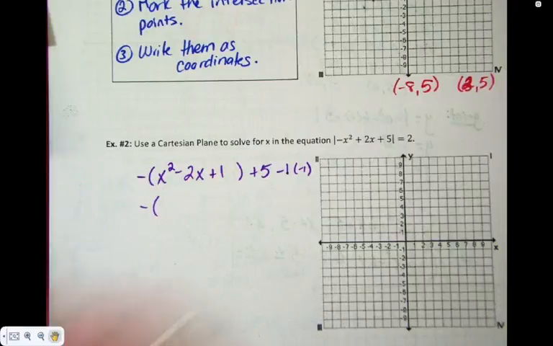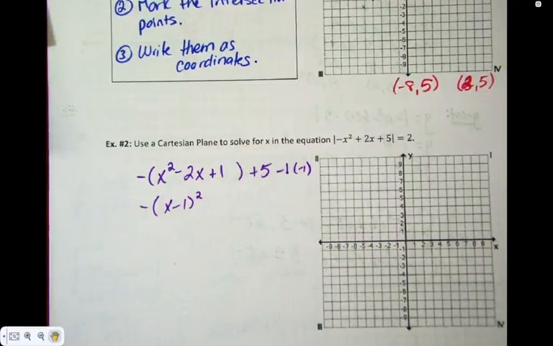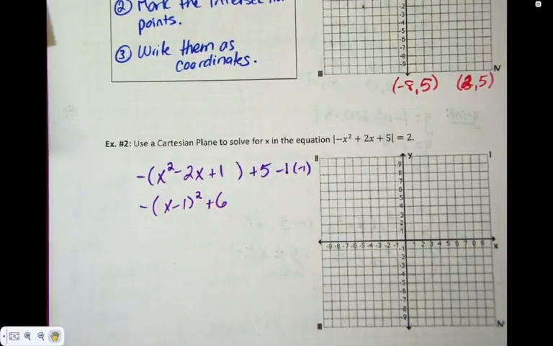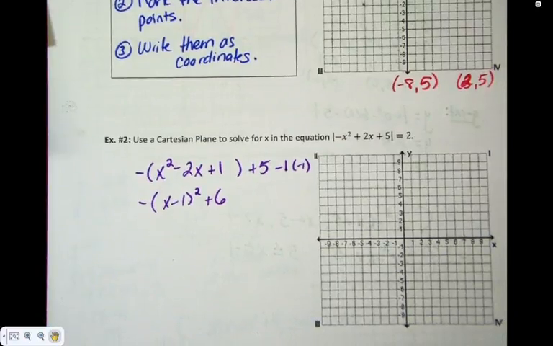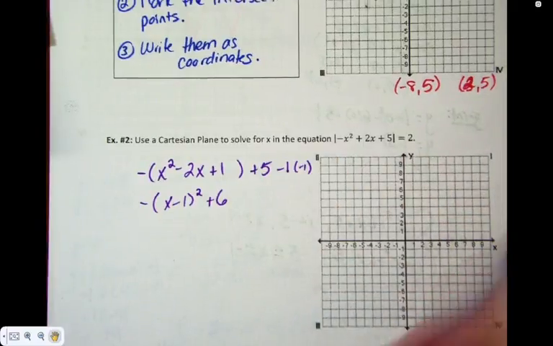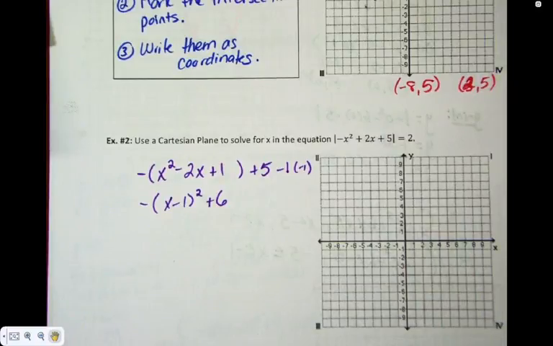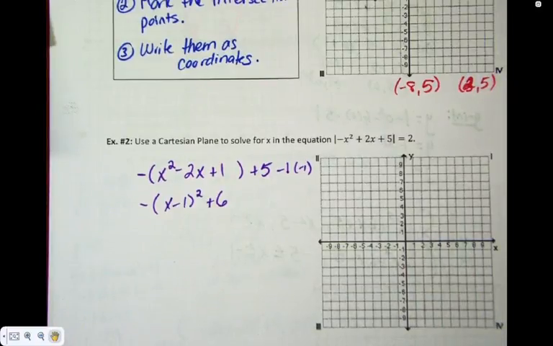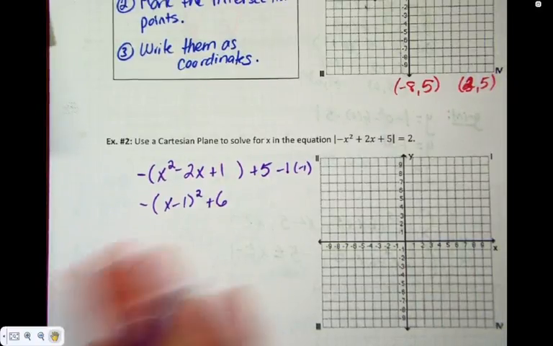The only reason we use the lines is when we flip it, so not for the actual graphing. How do we get this onto here?